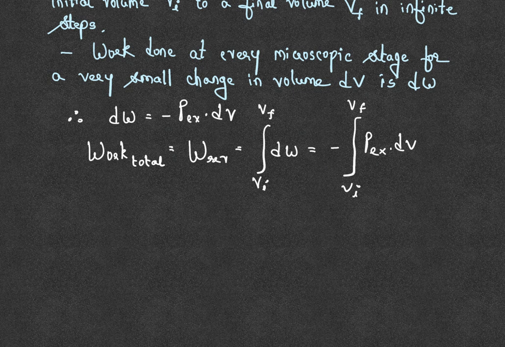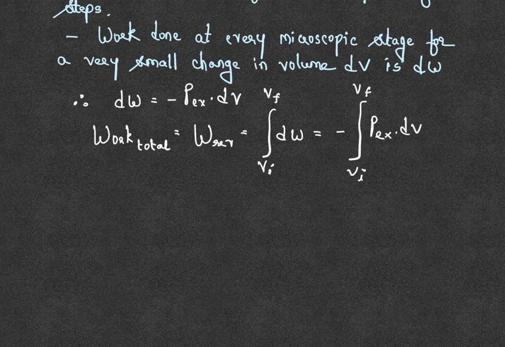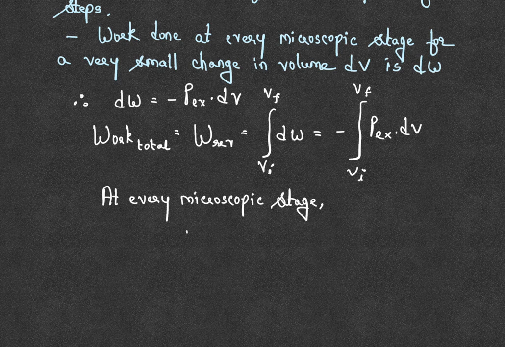Now pay attention. Here we find that at every microscopic stage, P external will be equal to P internal plus dP, where dP is a very, very small value, because external pressure has to be more than internal pressure. This is for compression.